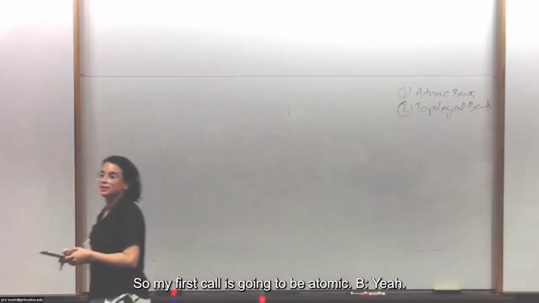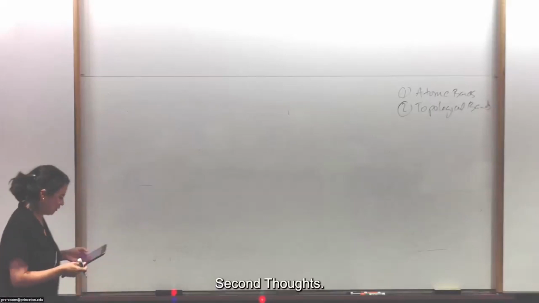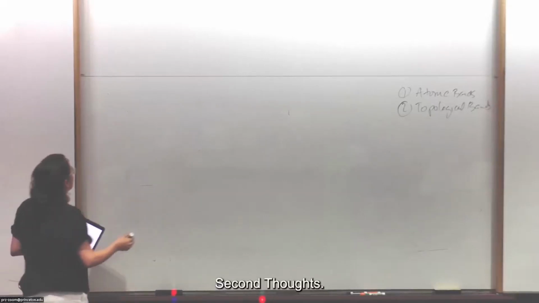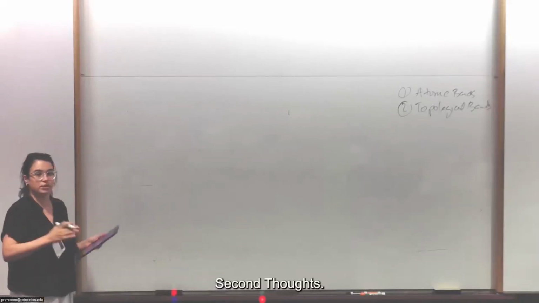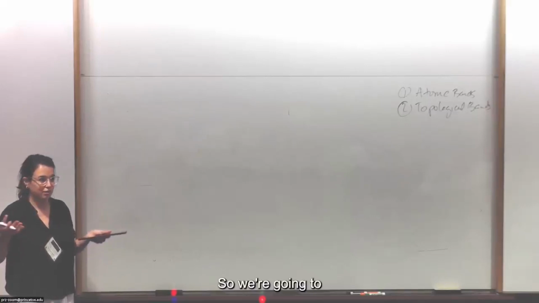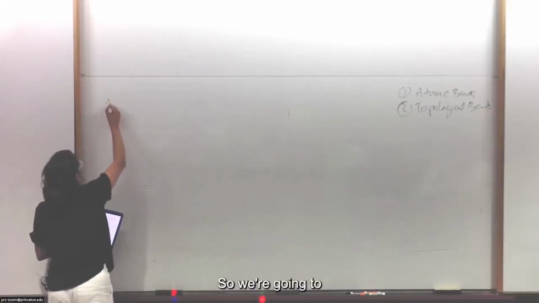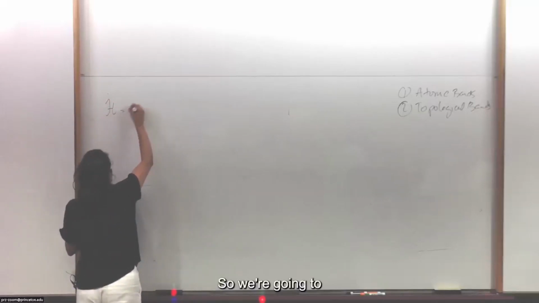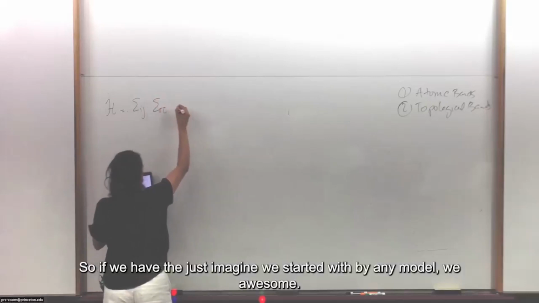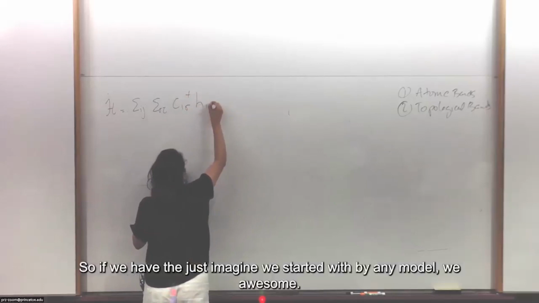So we're going to do basically slowly the SSH chain, and then eventually go back to that two-dimensional analog of the SSH chain. Just imagine we started with the tight-binding model. We started with the lattice. All matter is constructed out of atoms that give us some orbitals, and at the end of the day, we can describe crystal matter by some tight-binding Hamiltonian, which very generally can be written like this.